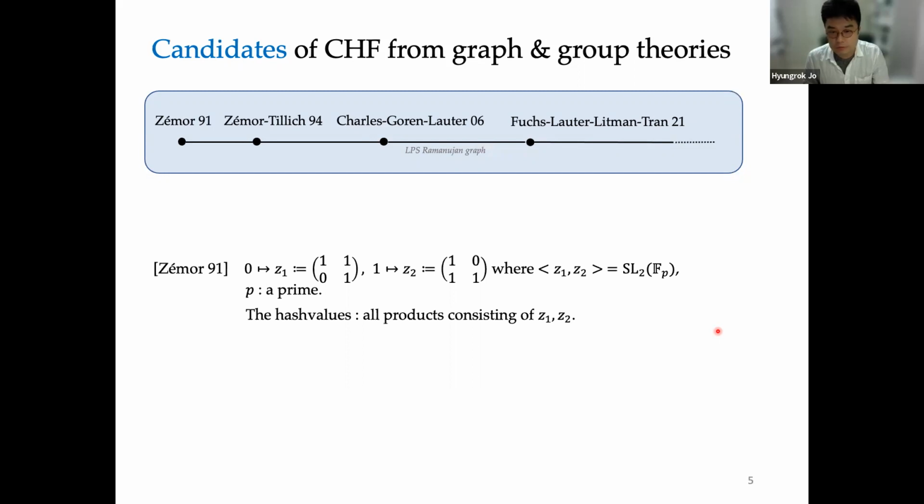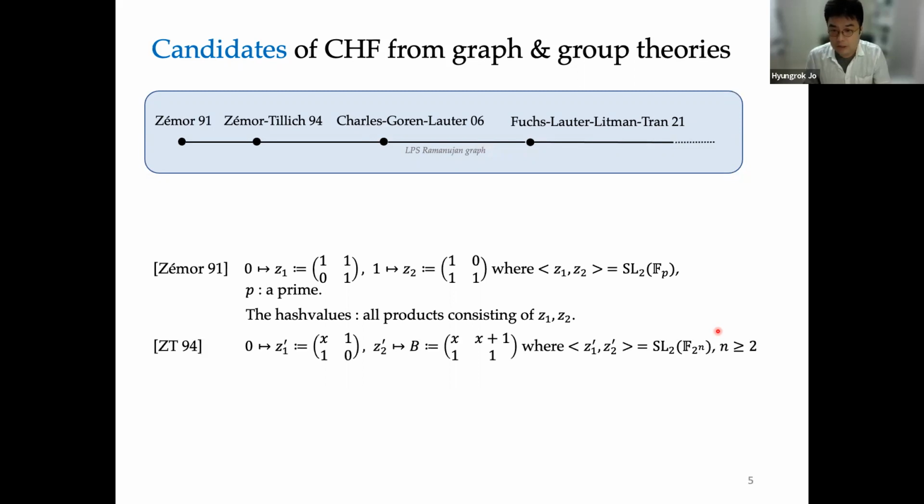The hash value is the product of the sequences consisting of G1 and G2. However, Zémor's scheme was broken by Tillich and Zémor using the lifting attack. They modify the generators and base field as F_{2^n}, and here x is a root of the defining polynomial of F_{2^n}.